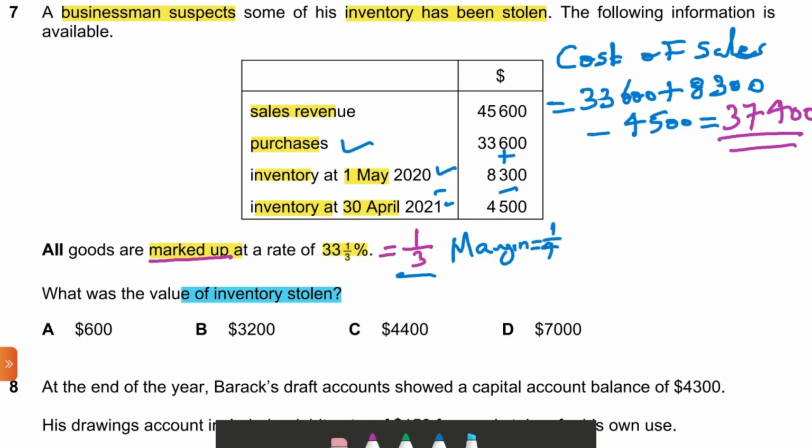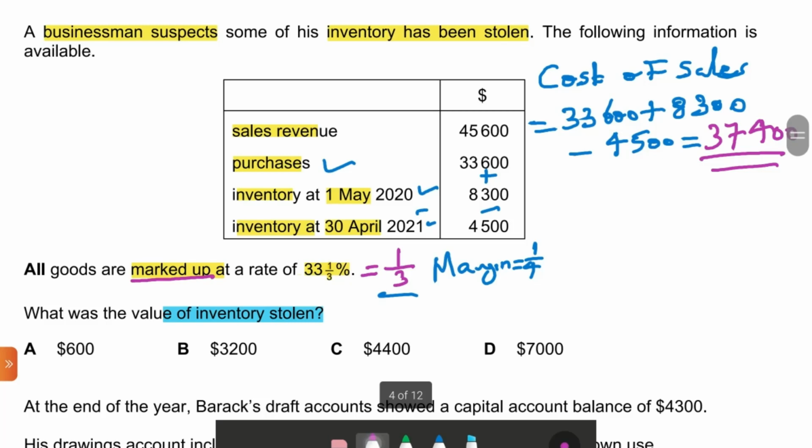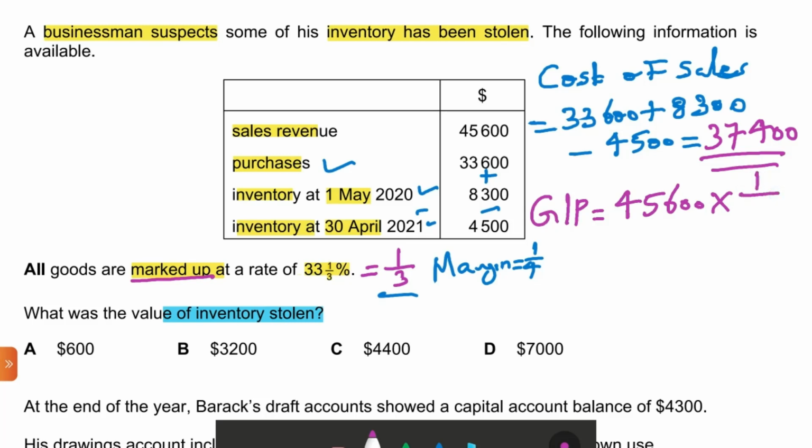As per the margin, the gross profit is calculated on sales: 45,600 multiplied by 1/4. 45,600 is the sales. The gross profit is 1/4 of 45,600, which is 11,400. If the gross profit is 11,400, what is the actual cost of sales?